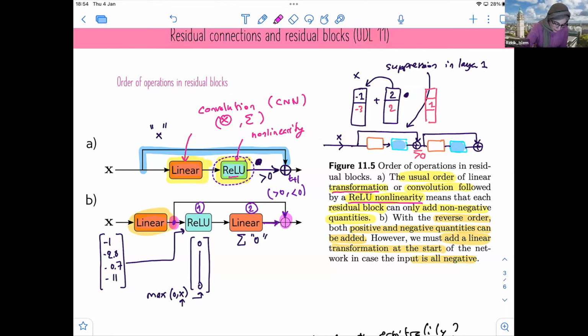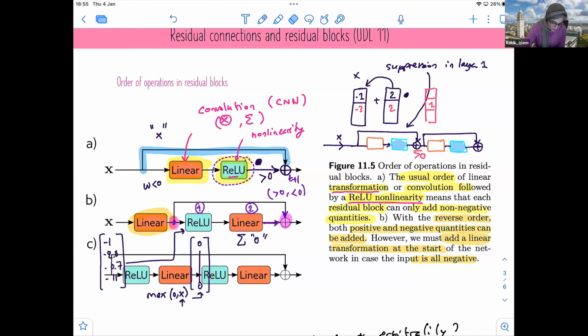Now why do we need to linearly transform? With a linear transformation, we can change the distribution of the data. We can have some negative weights, so let's say you do a weighted combination, and here the value is multiplied by -2.